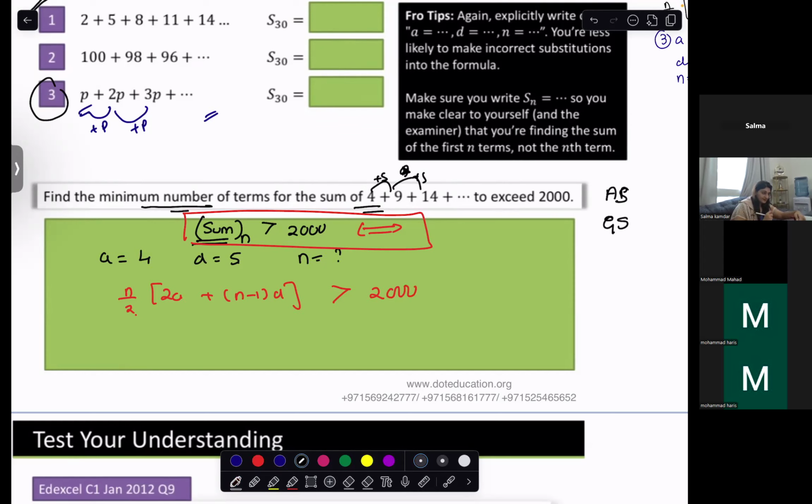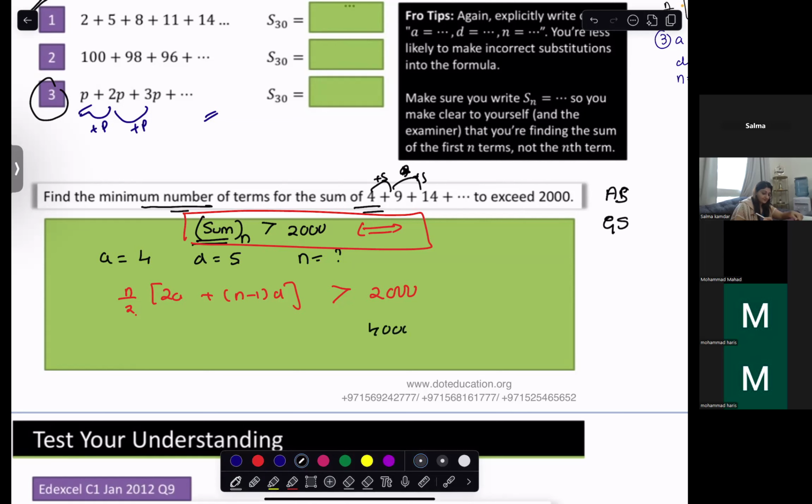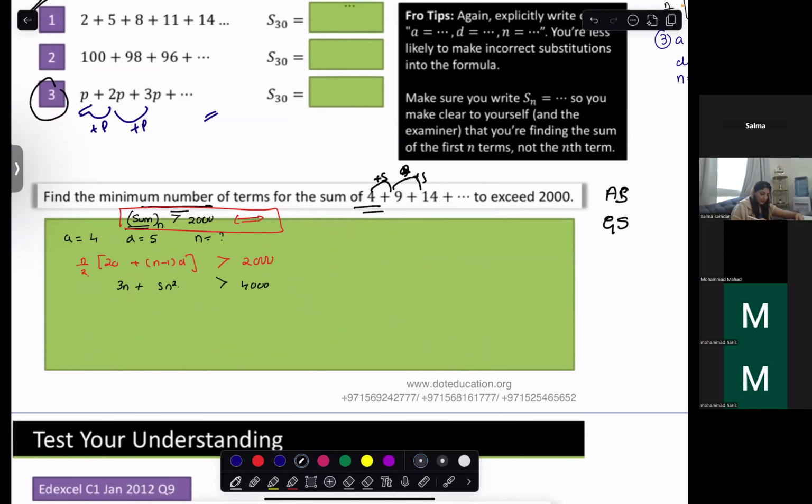If I do all the solving and I open the brackets, what I'm going to get is 4000 is greater than 3n plus 5n square. Are you getting the same thing? Then you just take 4000 to the other side and solve for that. Those who are watching the video, please pause, try, do, and then go ahead.